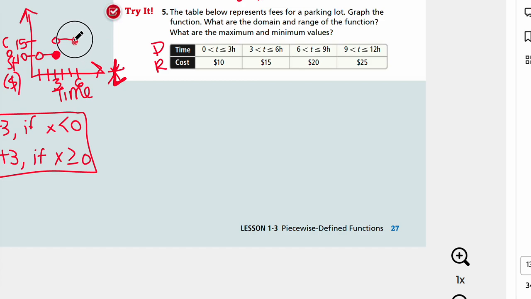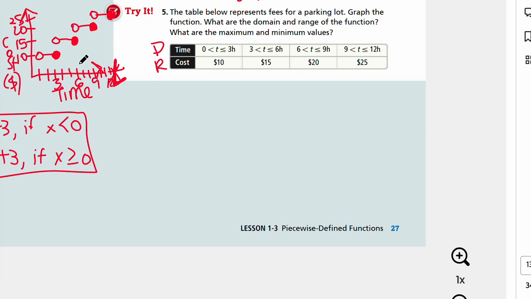Okay, and then including 6. From 6 to 9, 7, 8, 9, we have 20. And then from 9 to 10, 11, 12, we have 25. Okay, so this should be your graph.